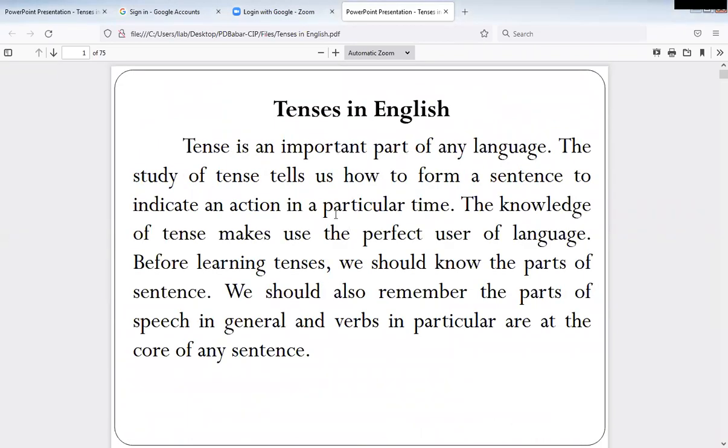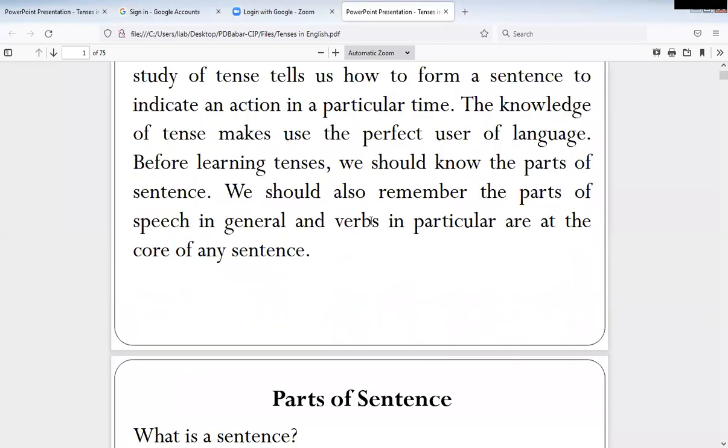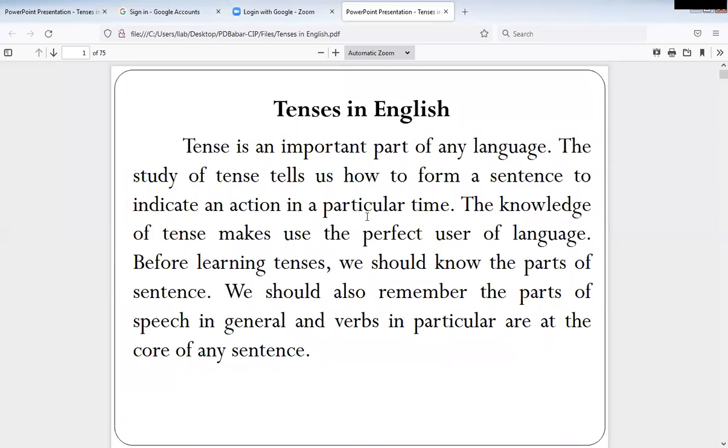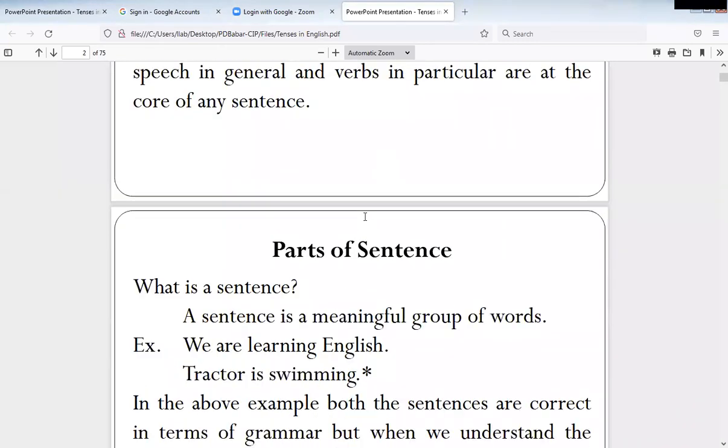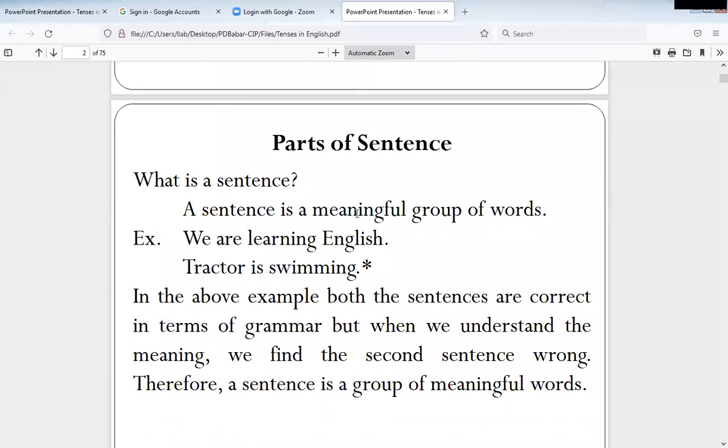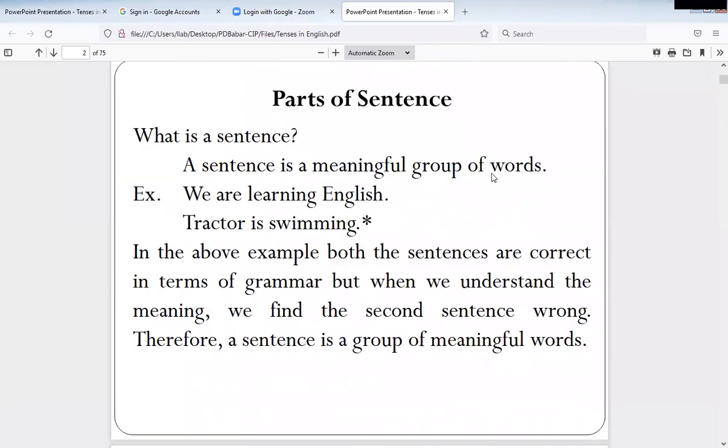We saw what tenses are and what their importance is. And we also discussed what a sentence is and how it is constructed.